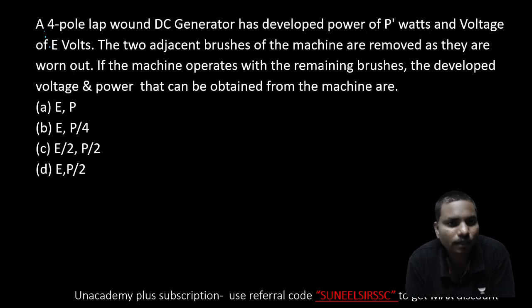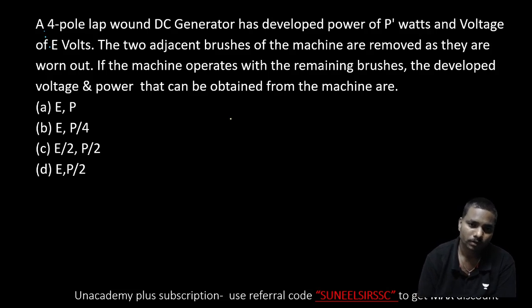Same question: a 4-pole lap wound DC generator has a developed power of P watts and voltage of E volts. Two adjacent brushes of the machine are removed as they are worn out. If the machine operates with the remaining brushes, the developed voltage and power that can be obtained from the machine are dash.